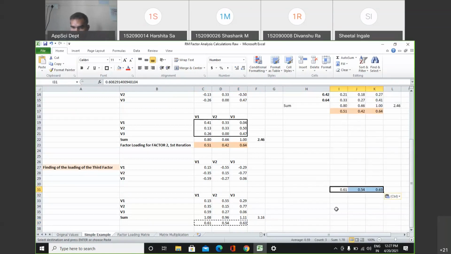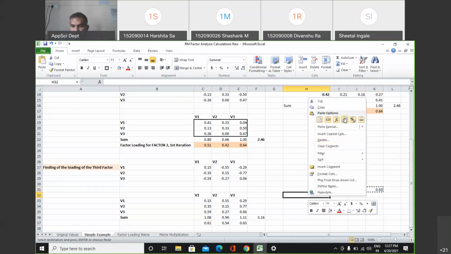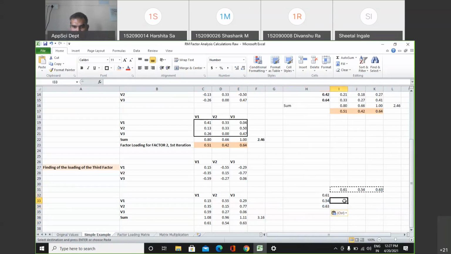But not always. Everything in Excel is not Poka-yoke, obviously. Again, we'll make a matrix of this, and here we can write factor 3.